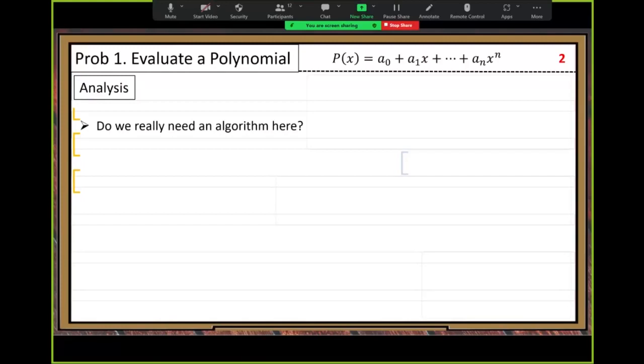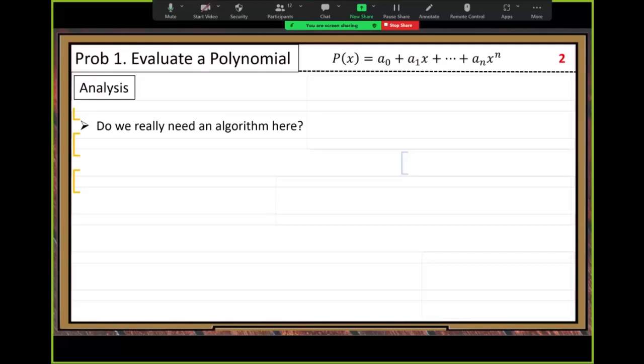First, do we need an algorithm here? Some special, smart way. Do we need one? Actually, our first try, although it's not a good method, we can treat it as an algorithm. Our first try is an algorithm.